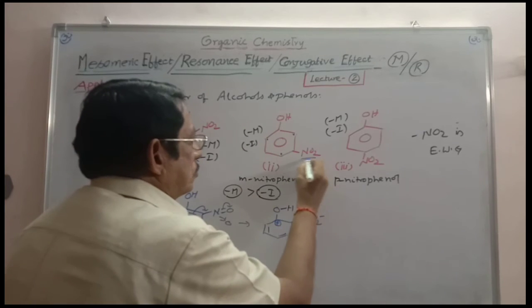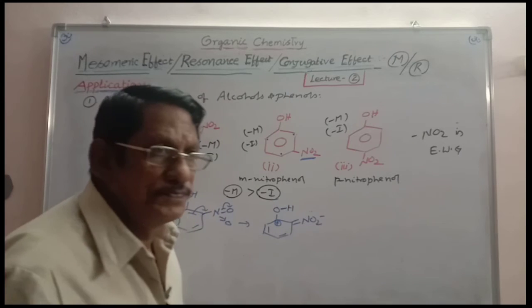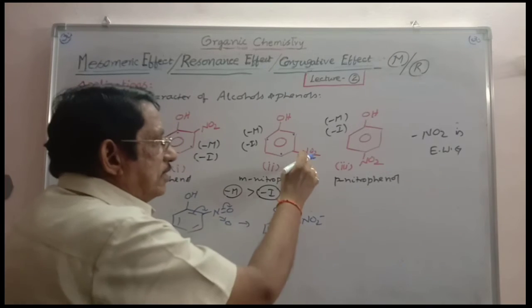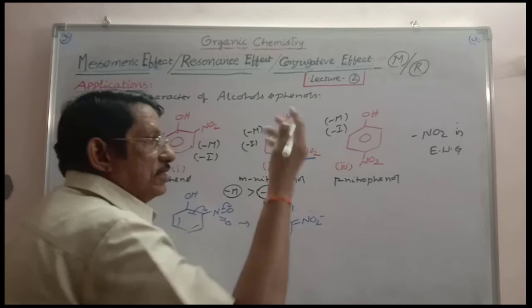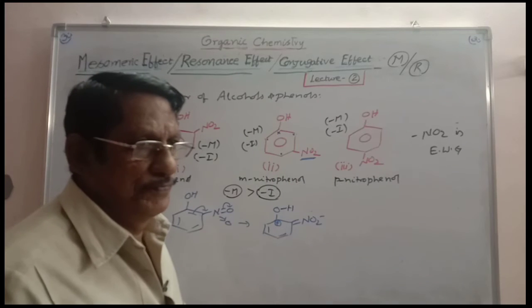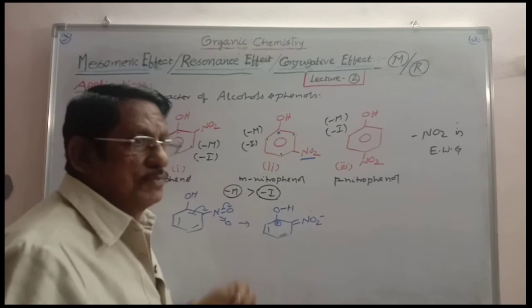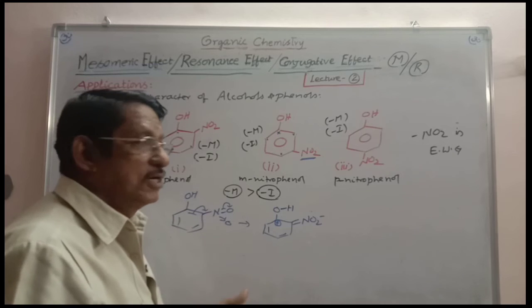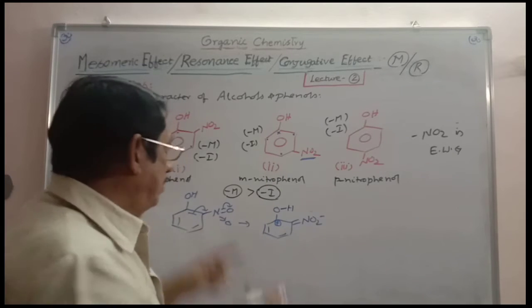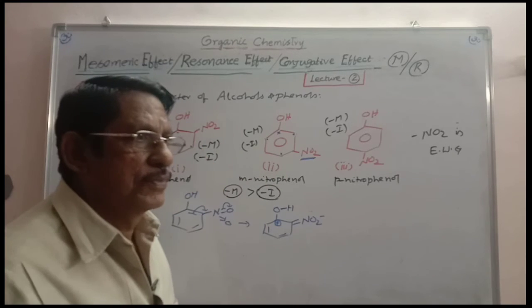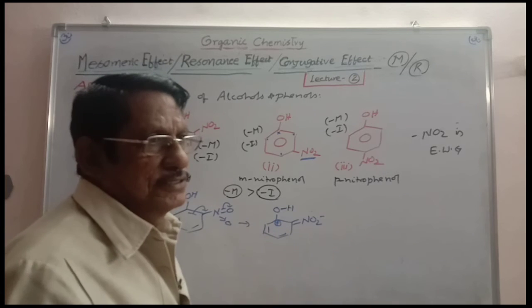When the nitro group is present in the meta position, it is not giving the positive charge at this carbon. There is no positive charge. That means mesomeric effect is almost not predominant in this case when compared with this. The effect is there to a small extent.